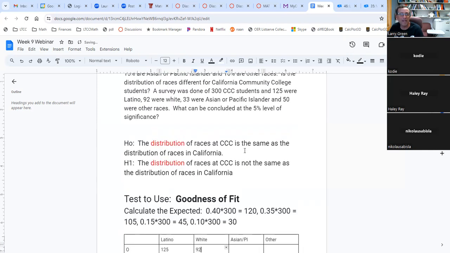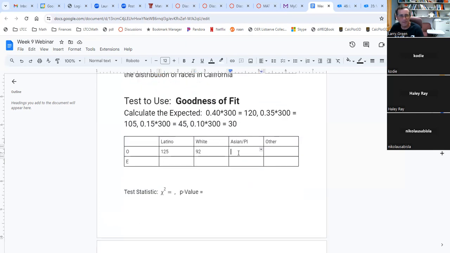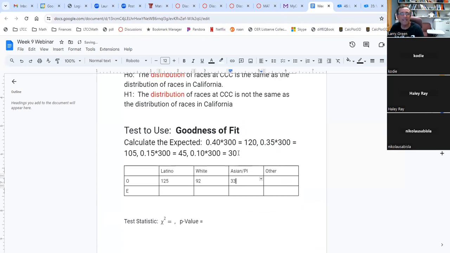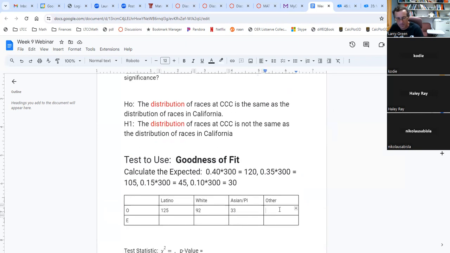For the Asian Pacific Islanders, we observed 33. So 33. And then finally, for the others, we observed 50. So I type in 50. Any questions on the row for the observed?